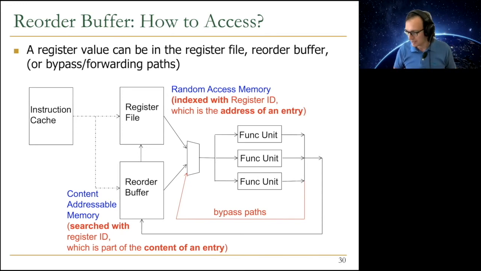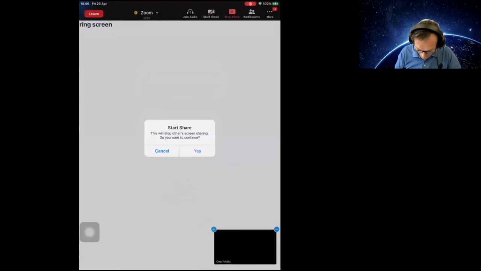Are you seeing my share? I guess you're not seeing it because I probably need to stop sharing this one. Okay, I stop sharing that one. I start broadcast here. Okay, good. Now you're seeing my iPad.